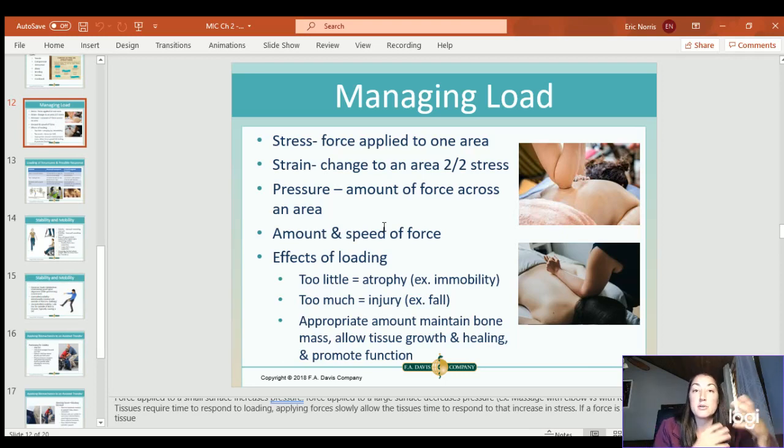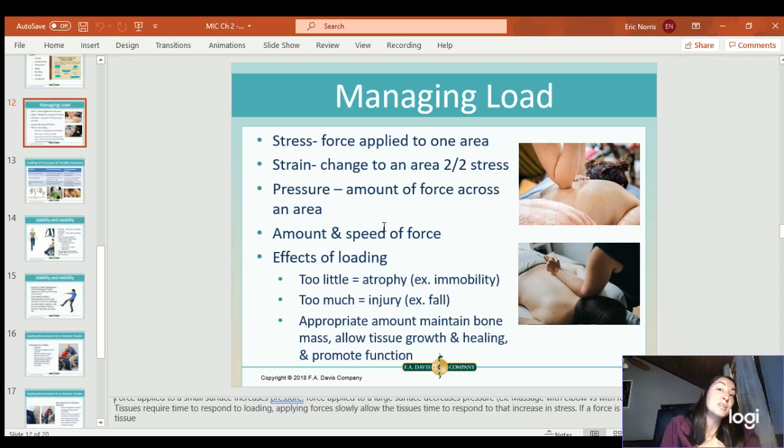Like if you're on bed rest or immobilized, whether it's in a cast or something where you cannot use a certain area, or you're not able to get up out of bed in order to put pressure and stress on the muscles, then eventually they are going to get smaller and atrophy. That means they just kind of start to die off. They don't fully die, but they just get smaller and smaller and less strong.